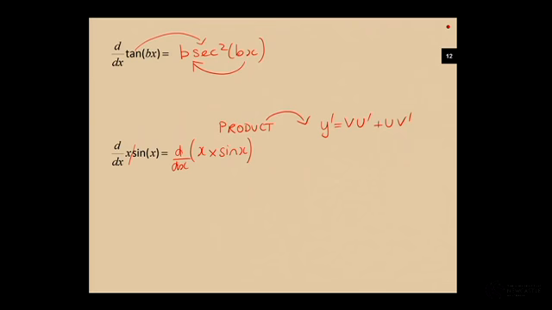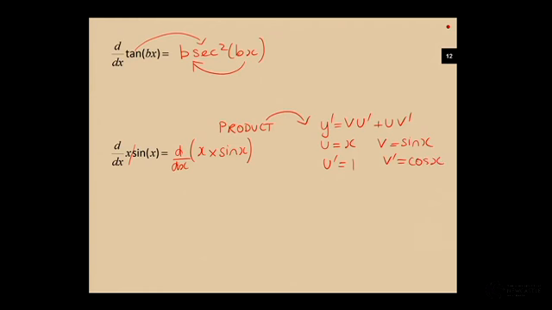Now if this starts to get a little bit too much, then the backup is just set things out, put your U and then your U dash, put your V and then your V dash, all on the side. So it's like cooking, do the prep, and then say the derivative of x is 1, the derivative of sine is cos.